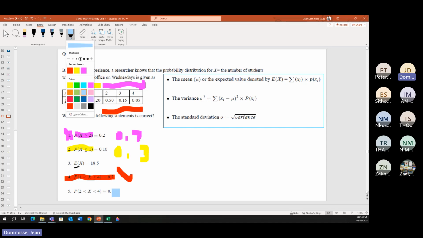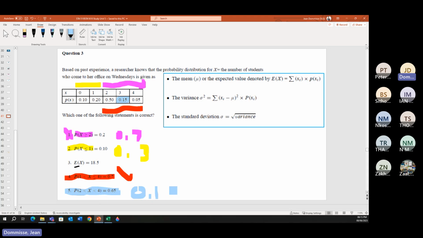Okay, and then the last one from the probabilities, x smaller than 4, so not including 4, and x bigger than 2, not including 2, so it's only that one in the middle, so it should have been 0.15, and that's why that one was also wrong.